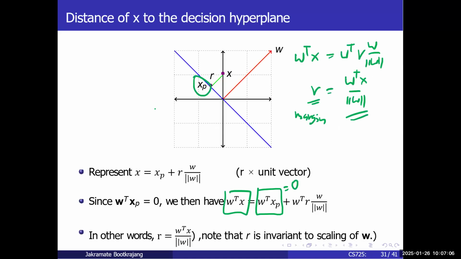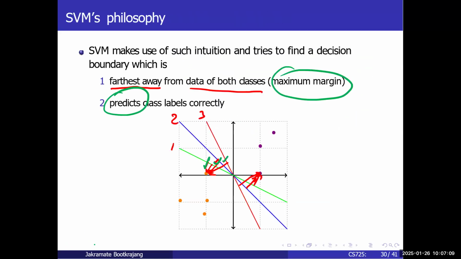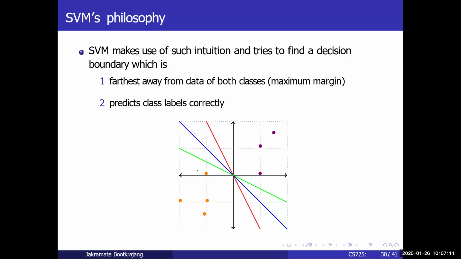So in our data, there are many points. When we define a margin, we only look at the closest point, right? So for example, if you have the red line, the closest point would be this one.